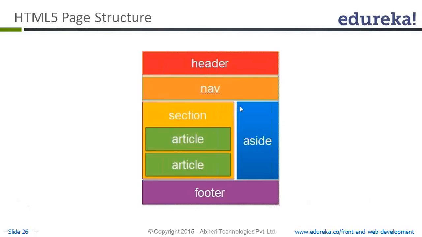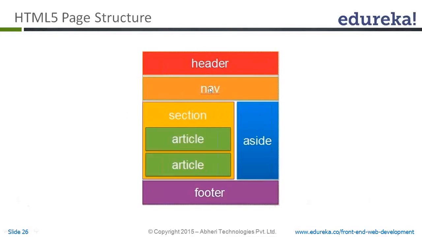Some web designers would like to put navigation on the left side, but most prefer it just below the header. This navigation element should generally contain the main navigation links of the website, like home page, products, services, contact us, about us, and such links.